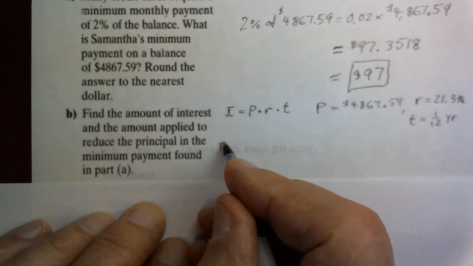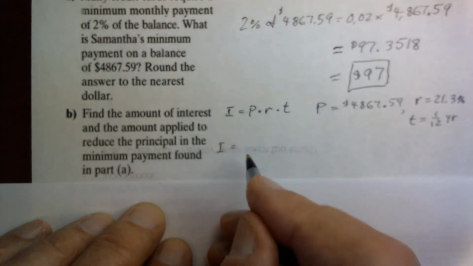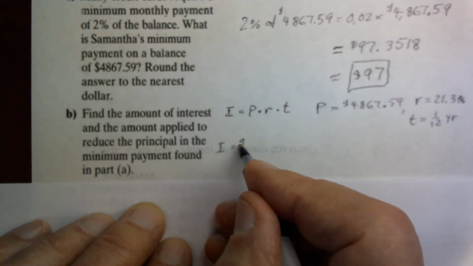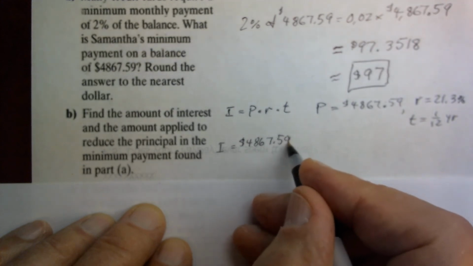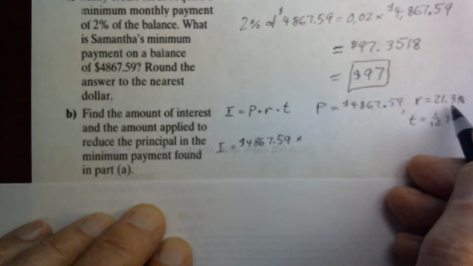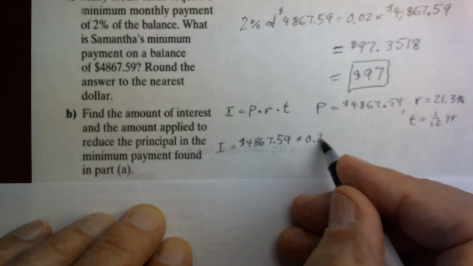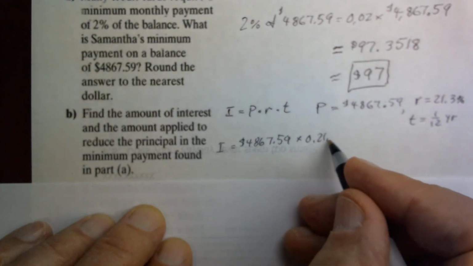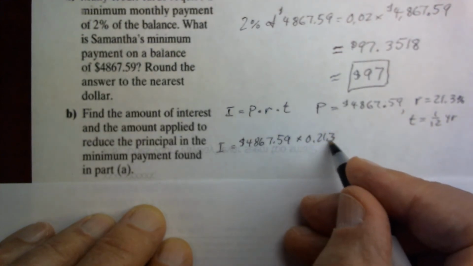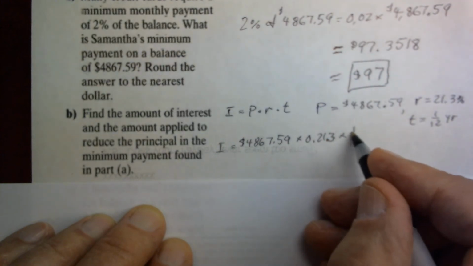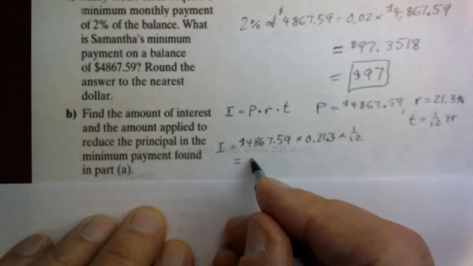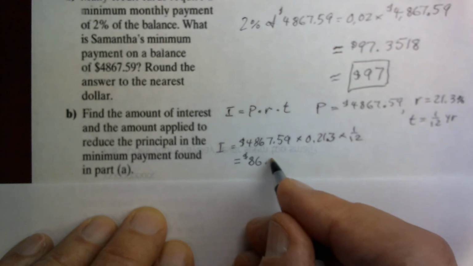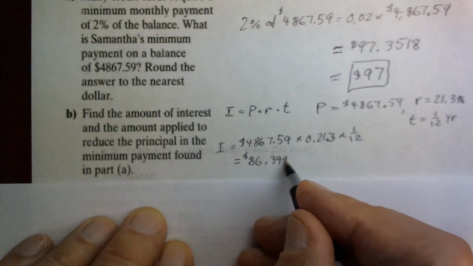Therefore, the interest is equal to 4,867.59 times 0.213 times 1/12, which is equal to 86.3997.